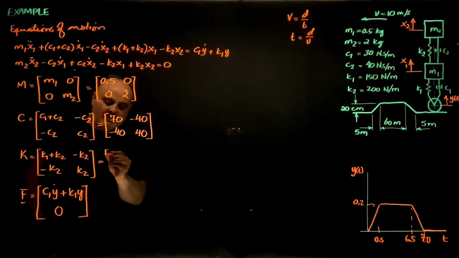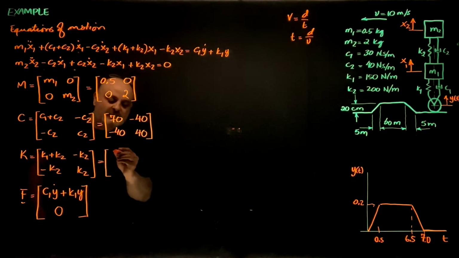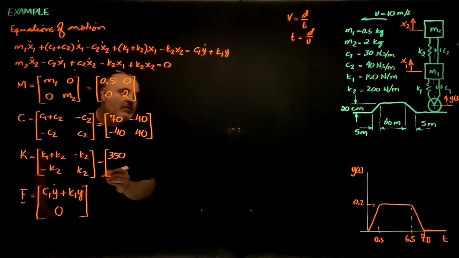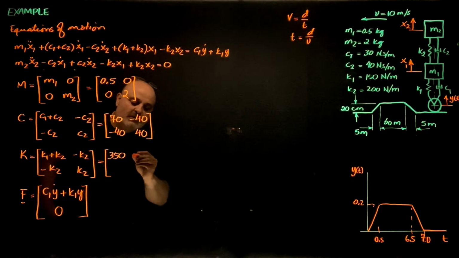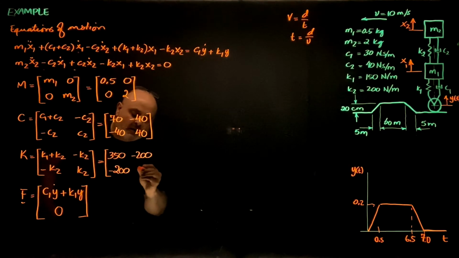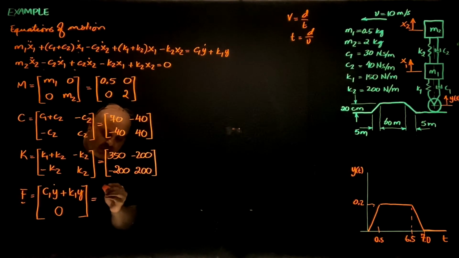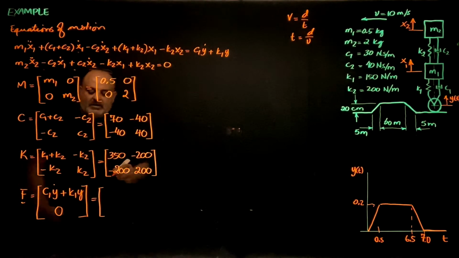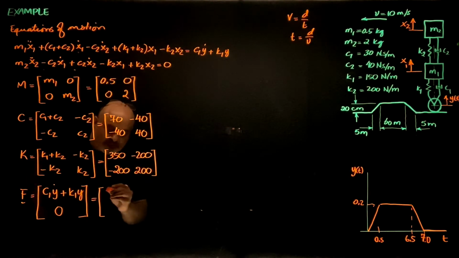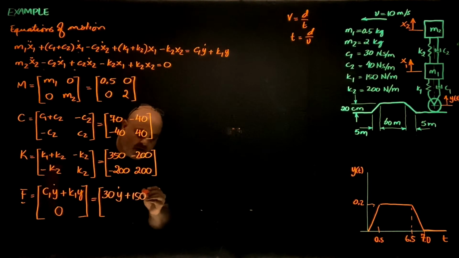The stiffness matrix: 350, negative 200, negative 200, and 200. As for the force vector, C1 is 30, so this is 30 y dot plus 150 y and a 0.